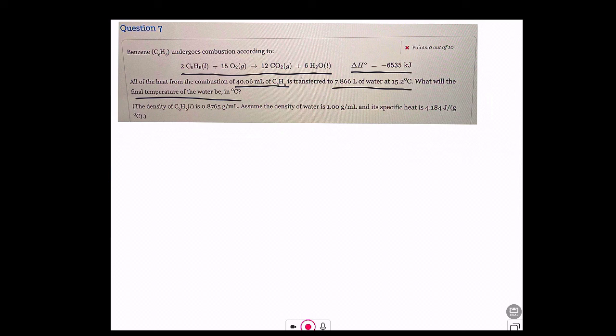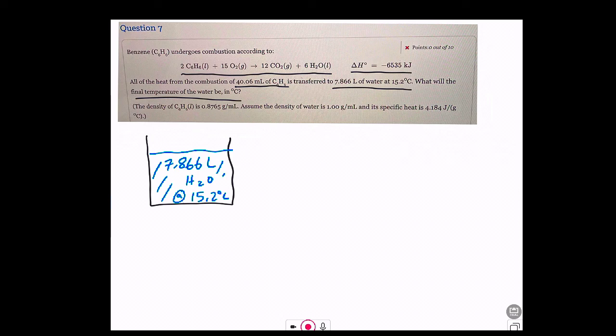Well, first of all, you have to visualize what's going on. So we have some sort of a container of water. And in this case, there's 7.866 liters of water, and it's at 15.2 degrees Celsius.